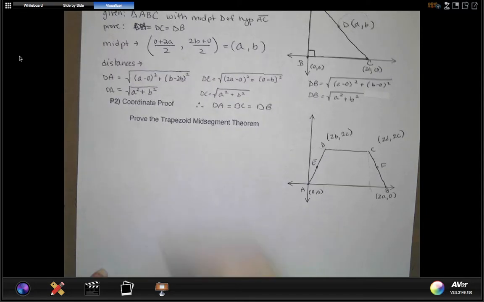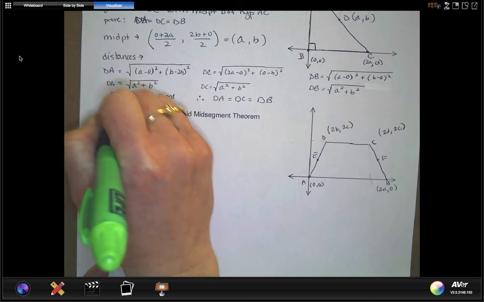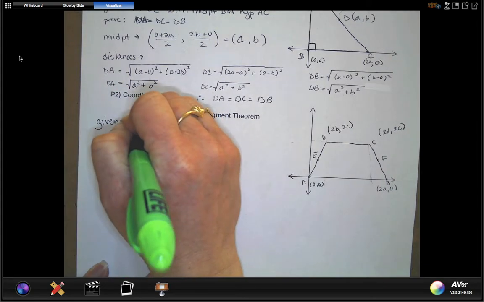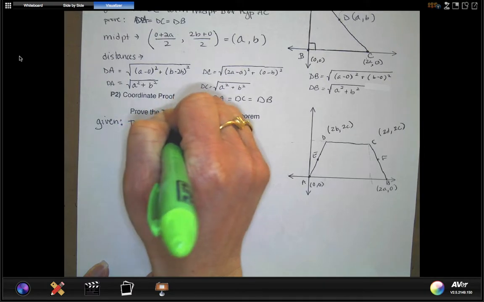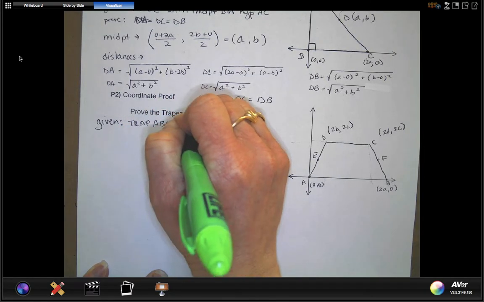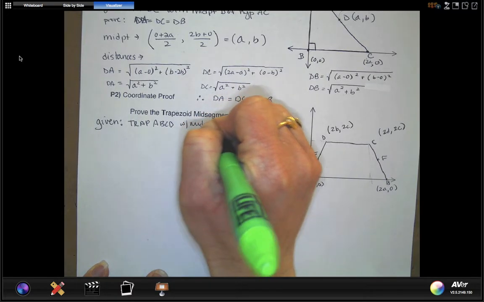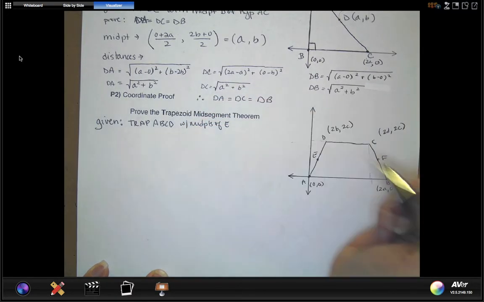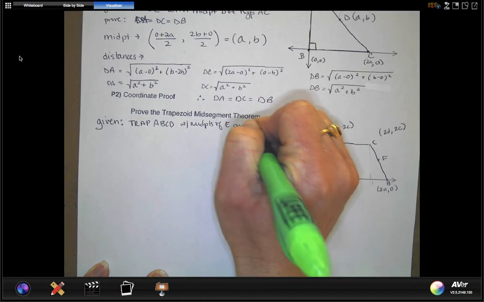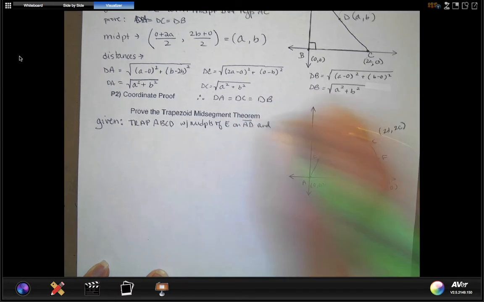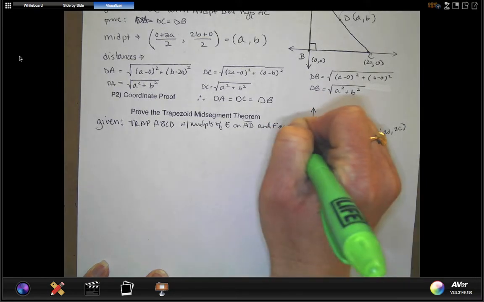All right, so again, given trapezoid A, B, C, D with midpoints of E on A, D, and F on BC.